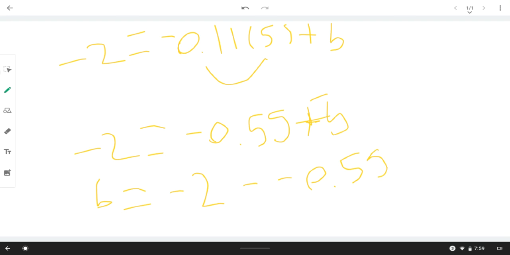And if you guys remember from earlier, I told you that whenever you have a minus sign and then a negative sign, you can literally just go like that and say plus. So what we're going to want to do then is say negative 2 plus 0.55. So when we find that, negative 2 plus 0.55 is equal to negative 1.45.